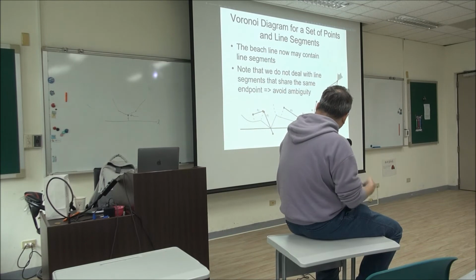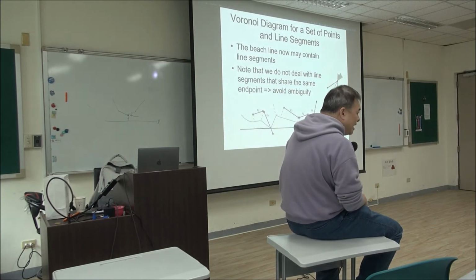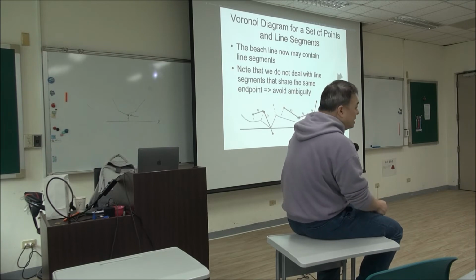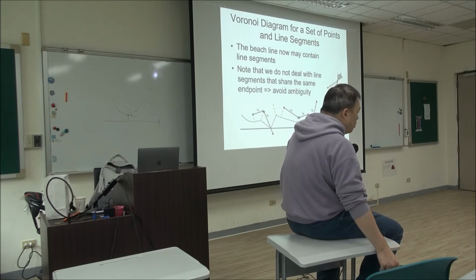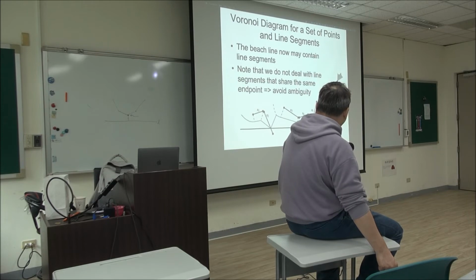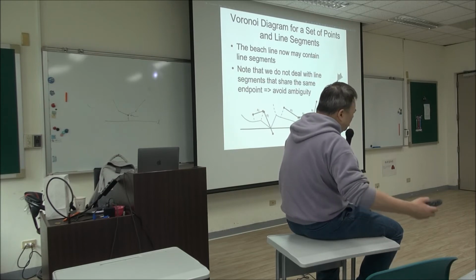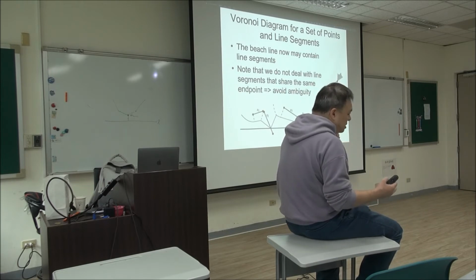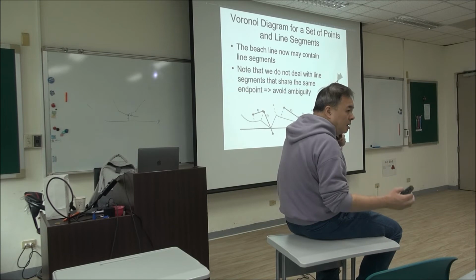Once you have a better understanding of these 5 cases, then the algorithm that we use to solve the point site Voronoi diagram, the basic structure doesn't need to be changed at all.